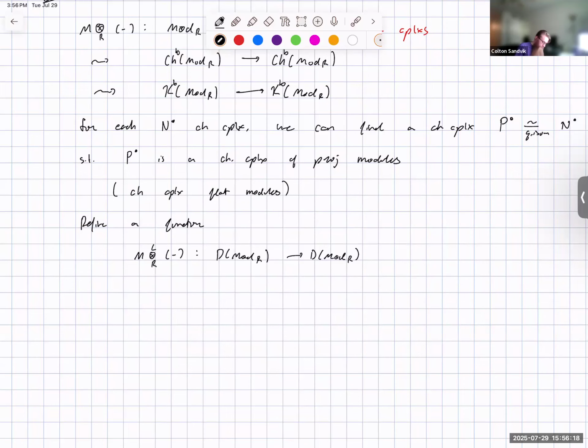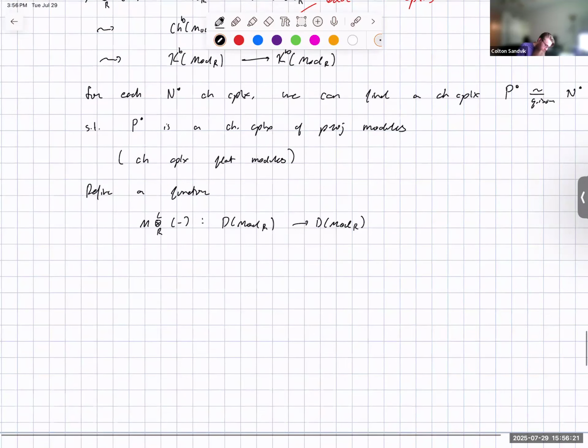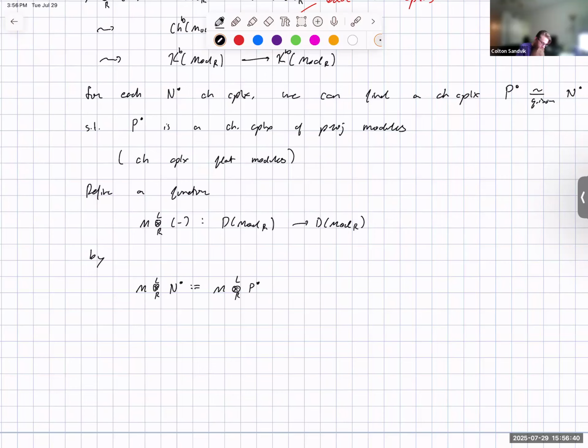And how do we define it? Well, we define it by this formula: it should be just the tensor product of the projective resolution.